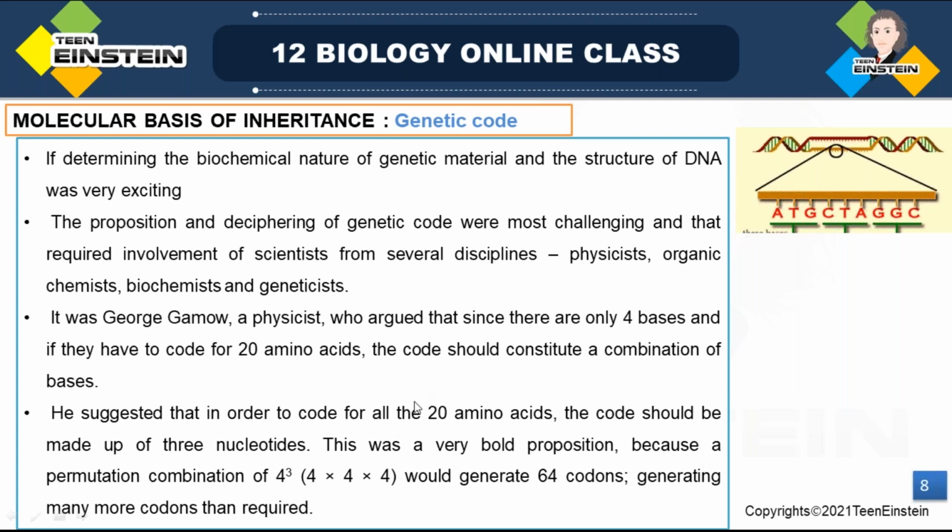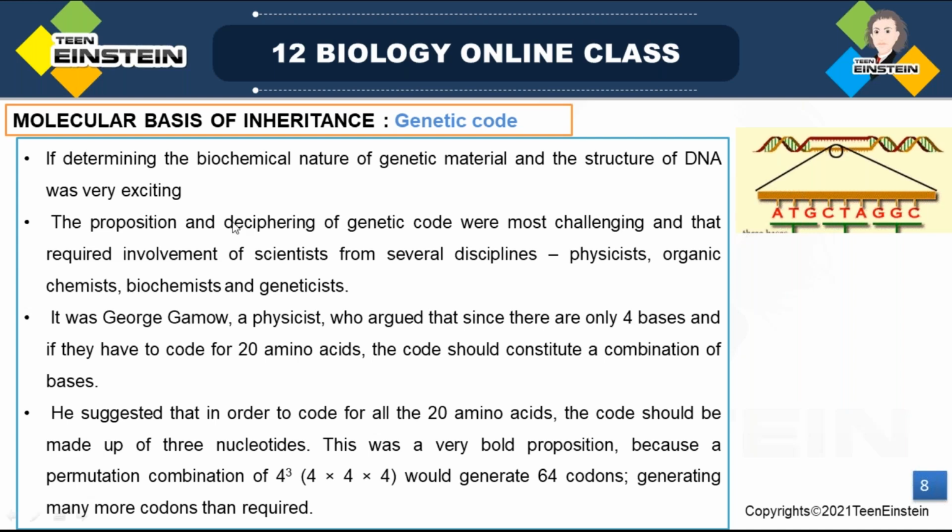So the permutation and combination of these bases would generate, or may form, 64 codons. So how many codons? 64 codons.